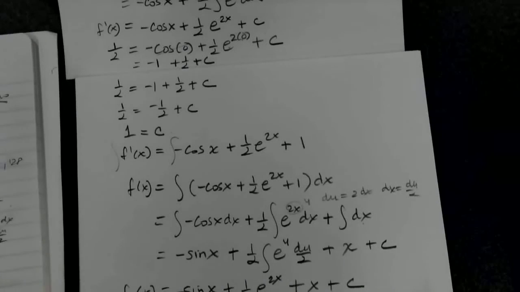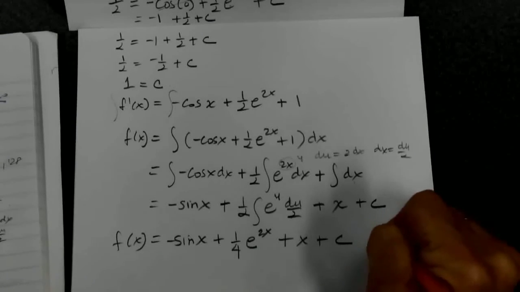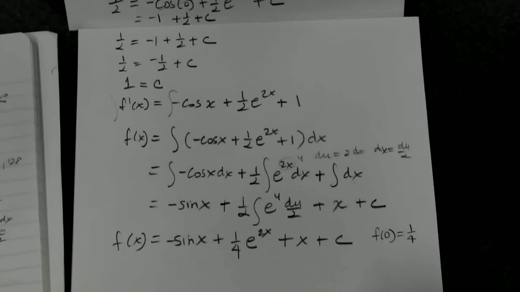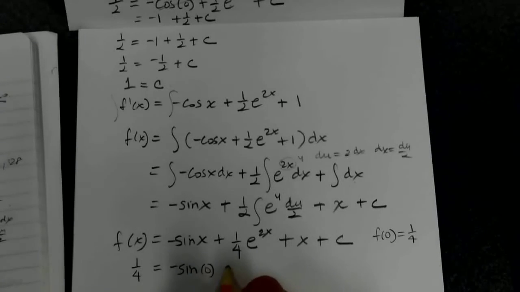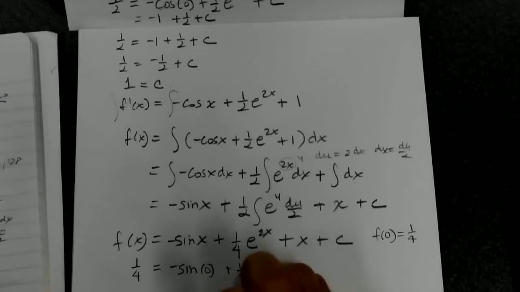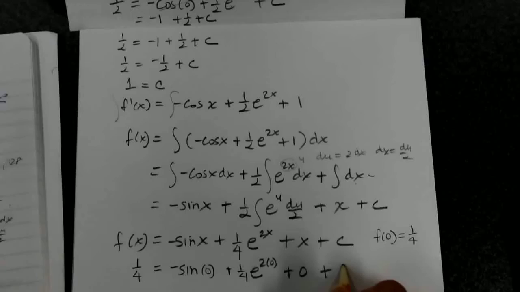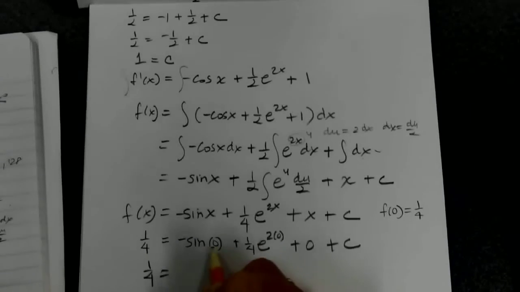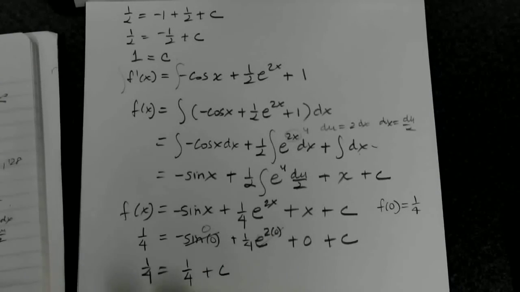And they also gave us the initial condition for this, where when x is equal to 0, the function is equal to 1/4. So to solve for c, we're going to plug in x and set it equal to 1/4. So negative sine of 0 plus 1/4 times e to the 2 times 0 plus 0 plus c, and 1/4 is equal to sine of 0 is 0, and this is 1, so that is 1/4 plus c, so c has to equal, when you subtract, 0.